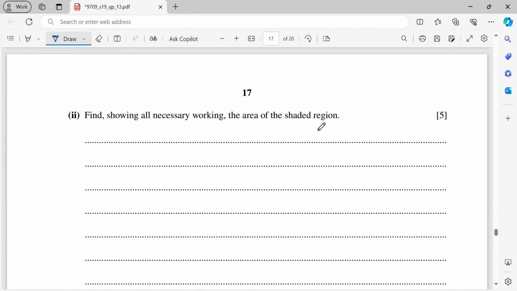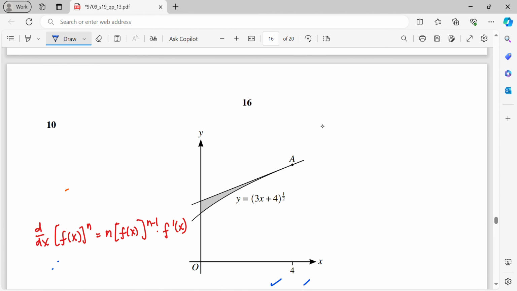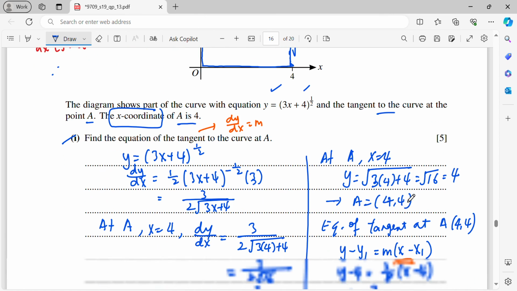Now, next part, showing all necessary working, find the area of the shaded region. So now let's look at the graph. The area of the shaded region, basically you can say that you integrate, right? Or probably you can say this is a trapezium. So you find the area of the trapezium, because just now I found that the y coordinate of point A is 4.